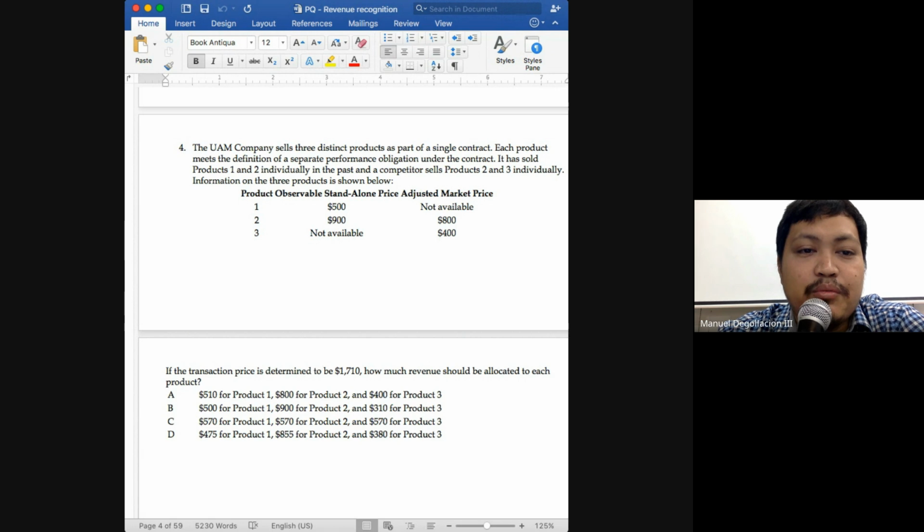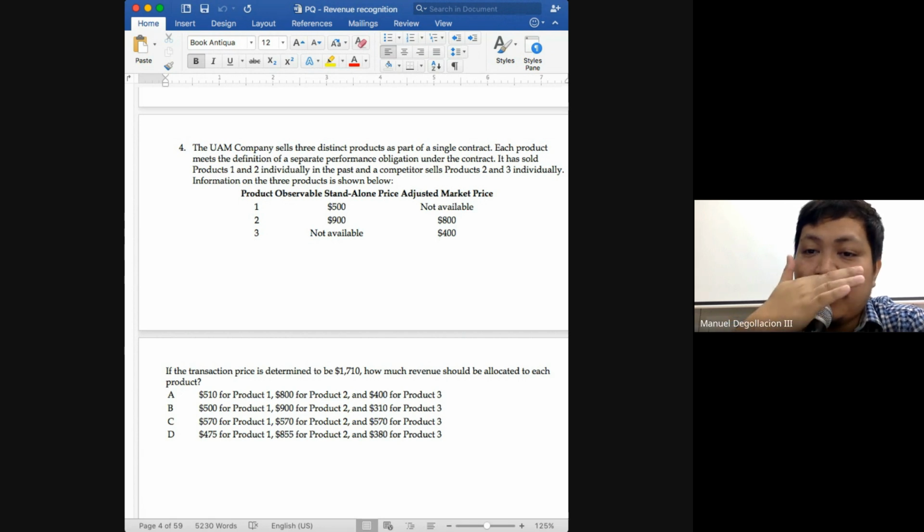Again, we're supposed to make an allocation, and the allocation will be based on their fair value. The question now would be, what fair value are you going to use? As a rule, class, as a first rule, use the observable standalone price. If that's not available, you can use adjusted market price or cost plus profit price. But as a rule, the first priority would be observable standalone prices.